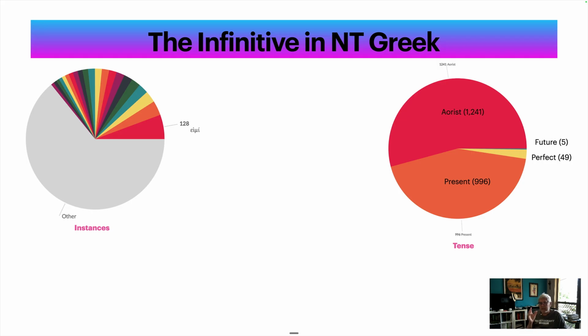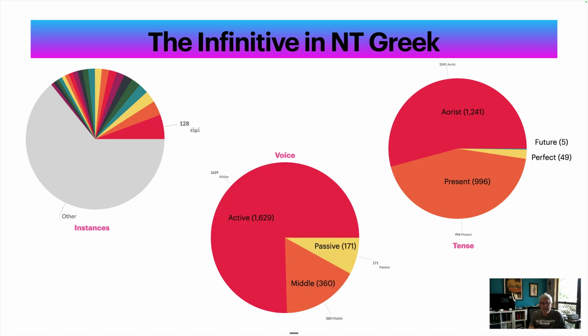Okay, the undefined simple form of the action, or an ongoing continuing form of the action. And in terms of voice, three quarters of the time infinitives are going to be active, and then way back, middle is a poor second, and passive is a distant third.